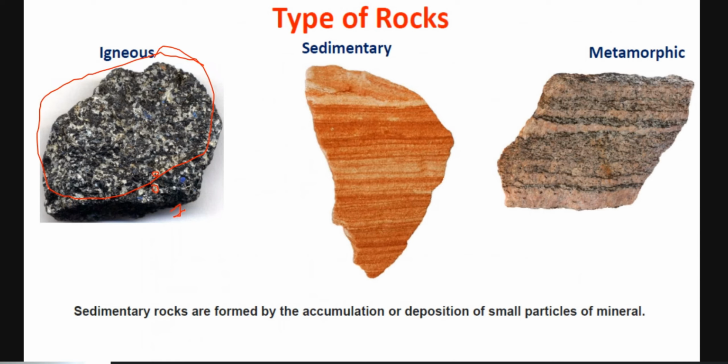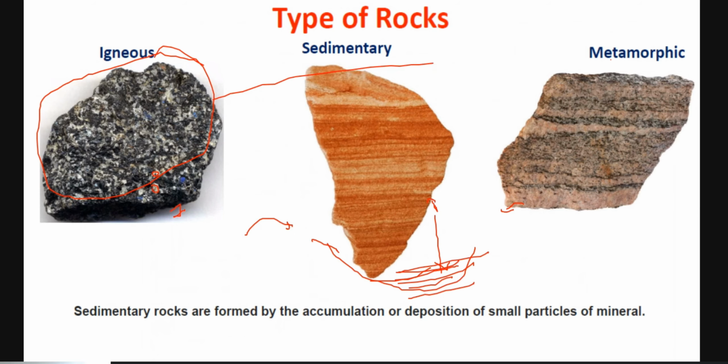And these are sedimentary rocks. Sedimentary rock is formed by breaking of any rock material or stones. This is deposited as sediments, and after millions of years, through lithification, we get sandstone and these types of rocks. And these are metamorphic rocks.